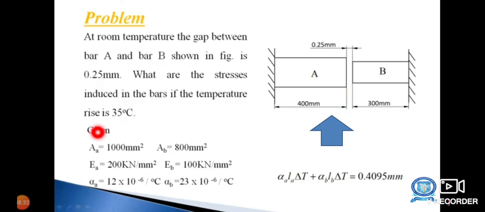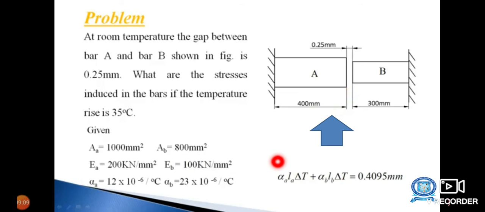So the given data: area of A is 1000 millimeter square, area of B is 800 millimeter square, Young's modulus of A is 200 kilonewton per millimeter square, Young's modulus of B is 100 kilonewton per millimeter square, linear coefficients of thermal expansion alpha A is 12 into 10 power minus 6 per degree Celsius, alpha B is 23 into 10 power minus 6 per degree Celsius.